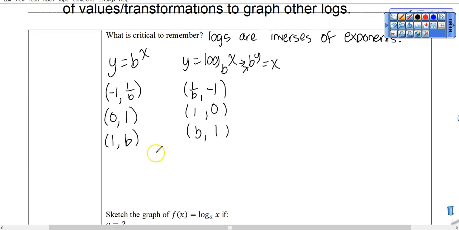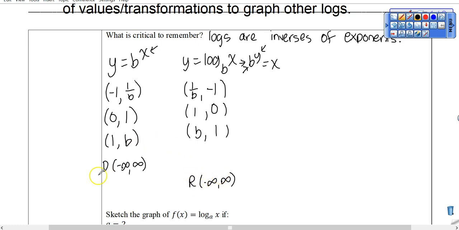So let's go back to the exponential. What is my domain? Do I have a restriction, or can I put anything I want in position of x? Anything. So my domain is completely unrestricted, which for my inverse, my log, let's think about it. Can I put anything I want for y? I can, but that doesn't mean I can just get anything out that I want.